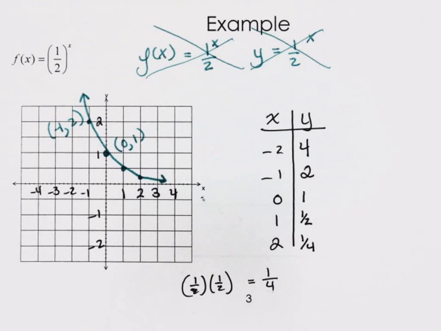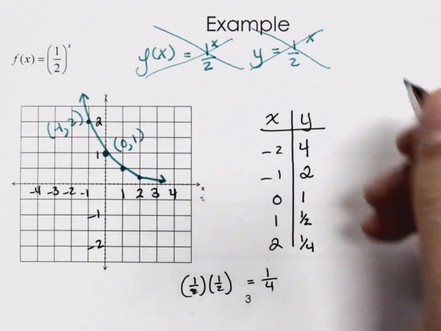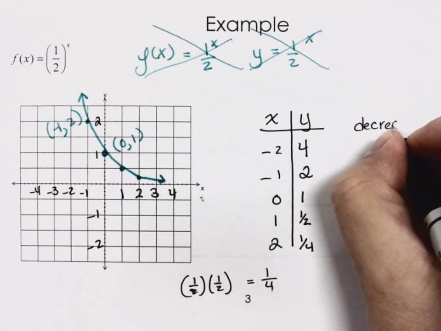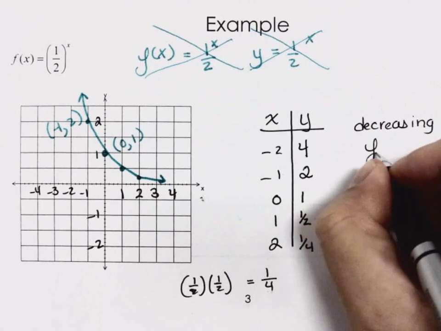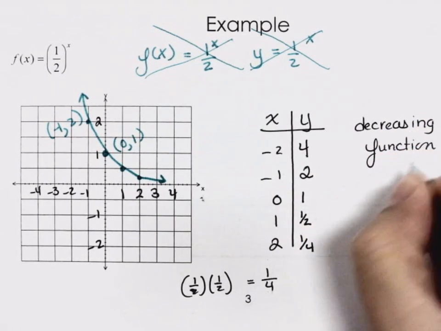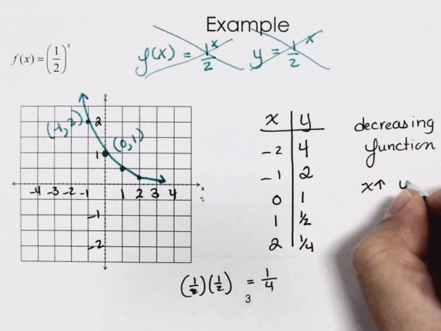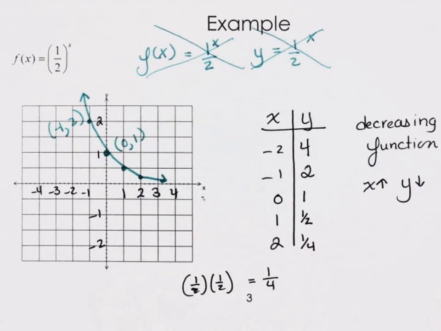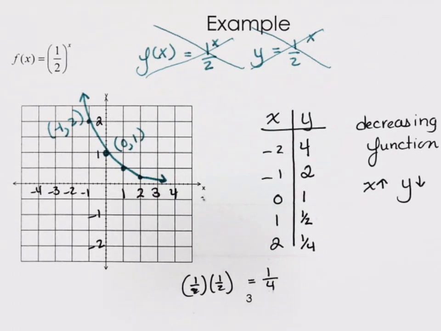So it's kind of the first course where we put x on the back burner and look at the y, which is a little bit of a shift. So this would be a decreasing function, because as x's are increasing, the y's are decreasing. If they're doing opposite things, like as your x's are getting bigger, your y's are getting smaller, it's a decreasing function. If they're doing the same thing, x's are increasing, y's are increasing, it's an increasing function. And you'll see the picture and it makes sense, like it intuitively makes sense.